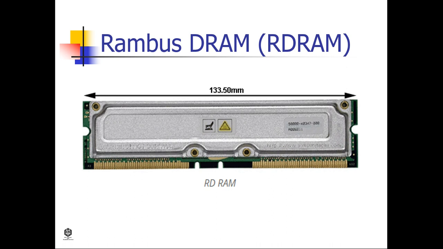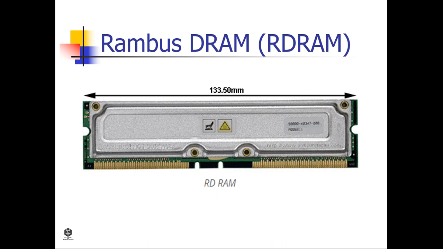The idea behind Rambus RAM is to get small packets of data from the RAM, but at very high clock speeds. For example, SDRAM can get 64 bits of information at 100 MHz, where Rambus RAM would get 16 bits of data at 800 MHz.